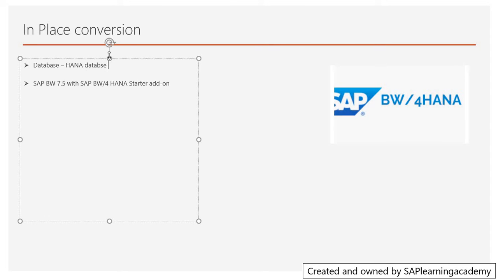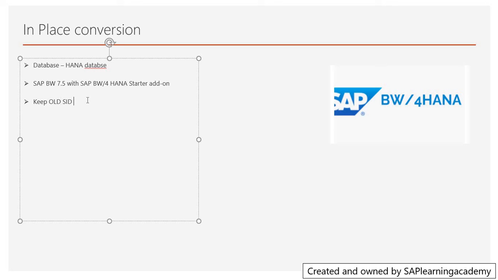Let me give you a few more details on the in-place conversion. As I said, it should be 7.5 as the minimum version, and this conversion will convert everything, whether it's the data model or the data, into the new system, keeping the same SID, the old SID.